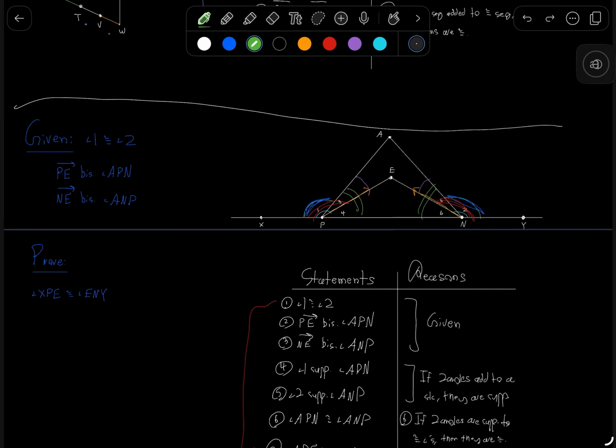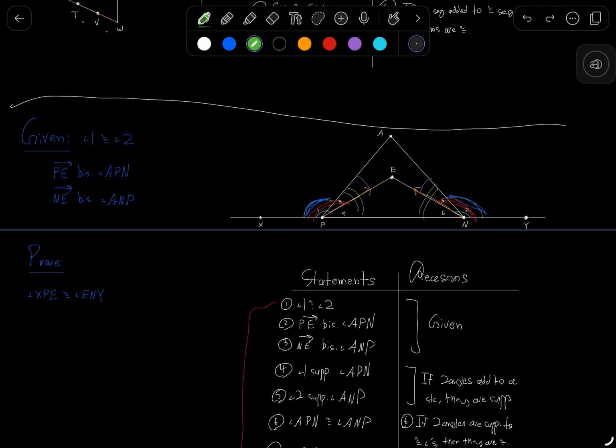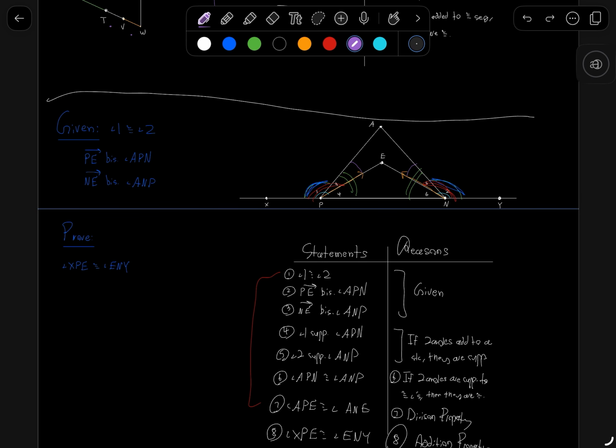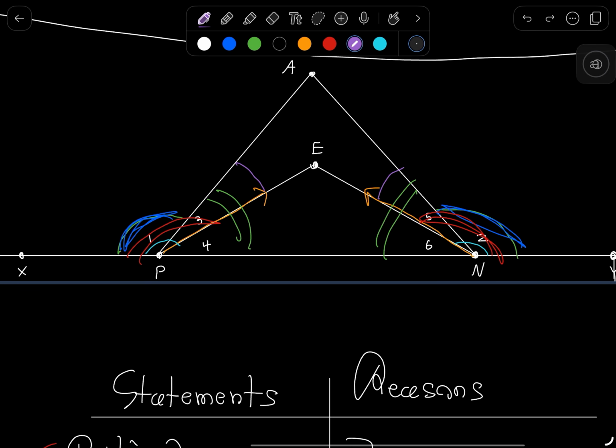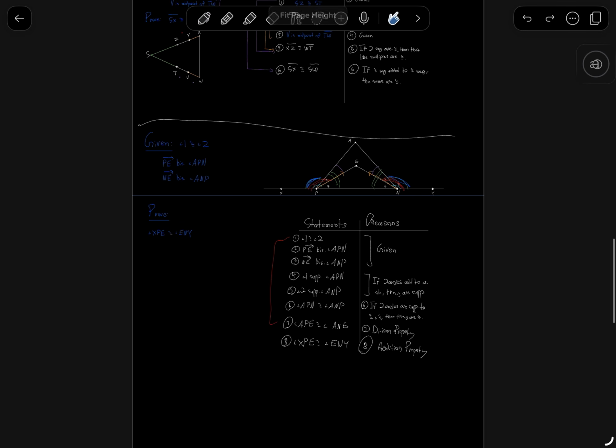Once you have done that, make sure you look at where you're trying to get so you know where to head next in the proof. In this case, we realized that we can just add these two angles to get to our conclusion. So hopefully that made sense.